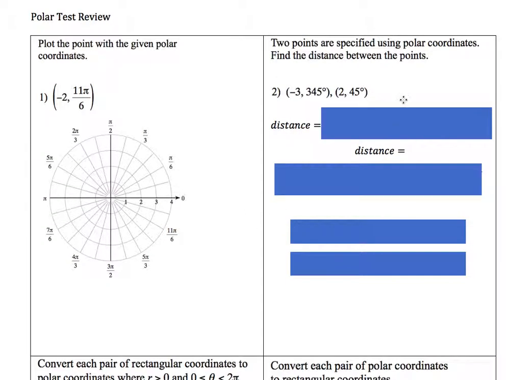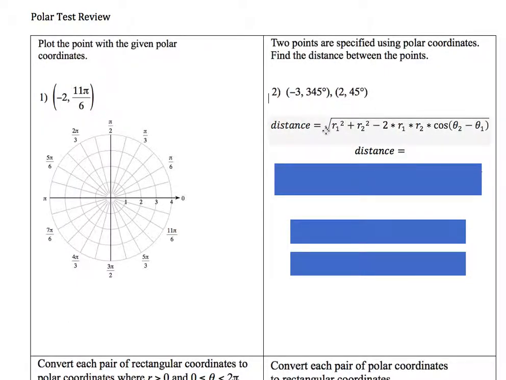Okay. Problem 2 is our distance formula. We have 2 points, and these are the polar coordinates. And so hopefully you remember your distance formula. That's this.